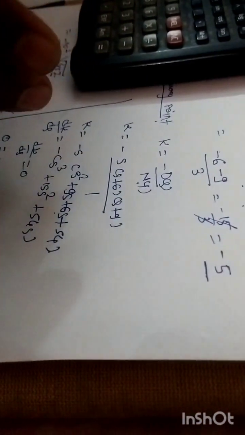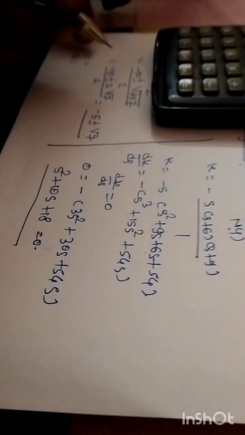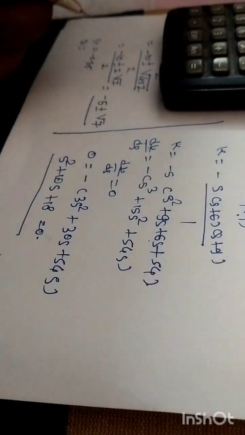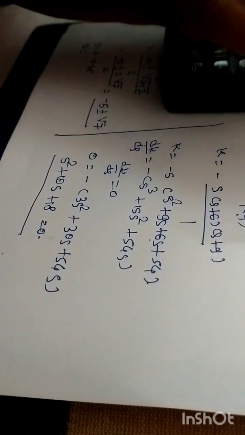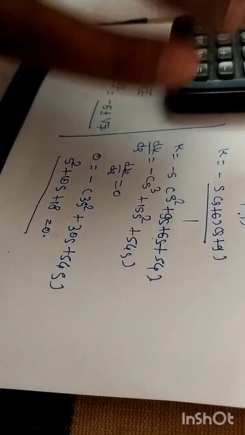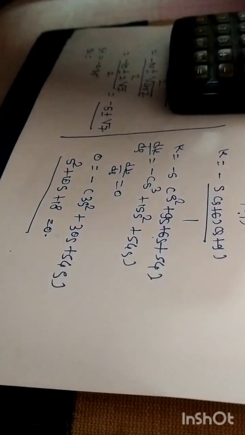It is minus 5 plus square root of 7, so s1 equals minus 2.35, right? At the same time, s2 equals minus 5 minus square root of 7.